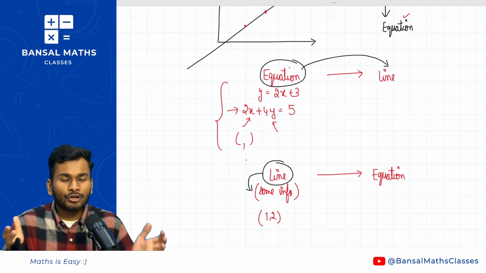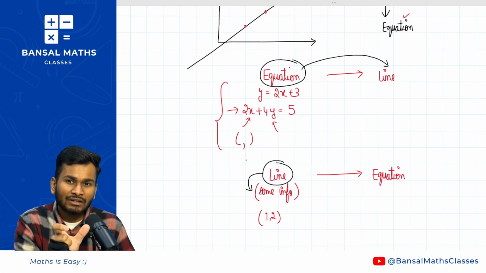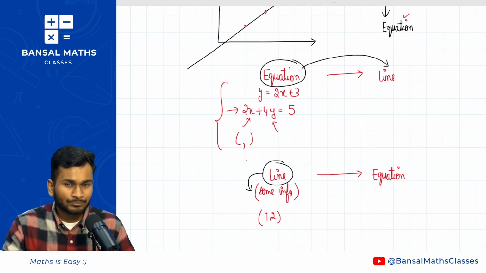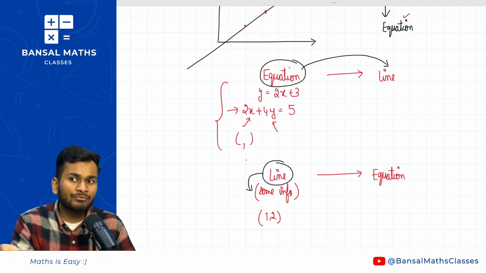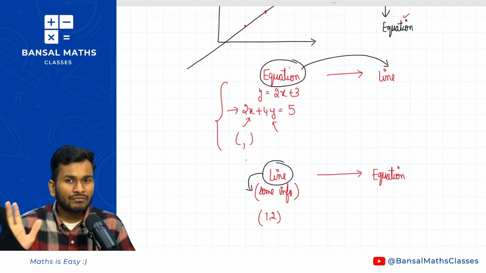Till now, we were given an equation of line, and I could create a line from it. I substitute x as input, get y as output, get coordinates, and those coordinates can be plotted on the Cartesian plane and result in a line. That is what we were doing till now.